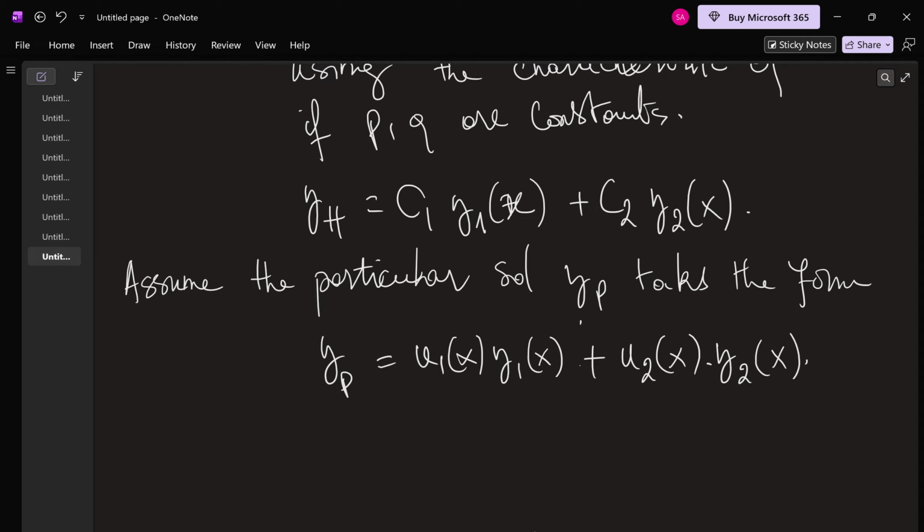So here u1 replaces the constant c1, and this function u2 of x replaces the constant c2. This is why we call it the variation of constants.